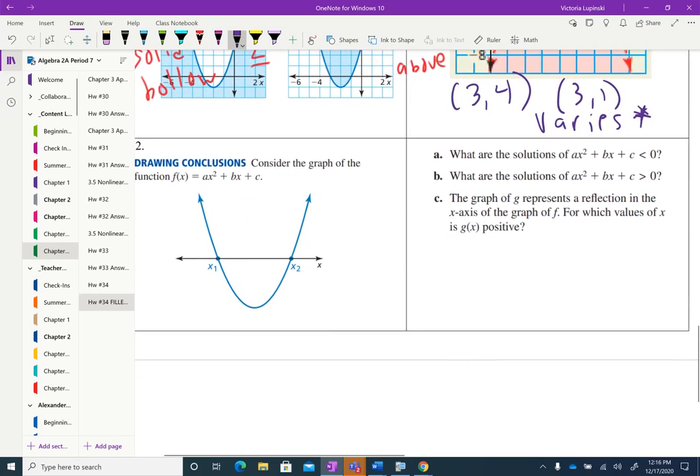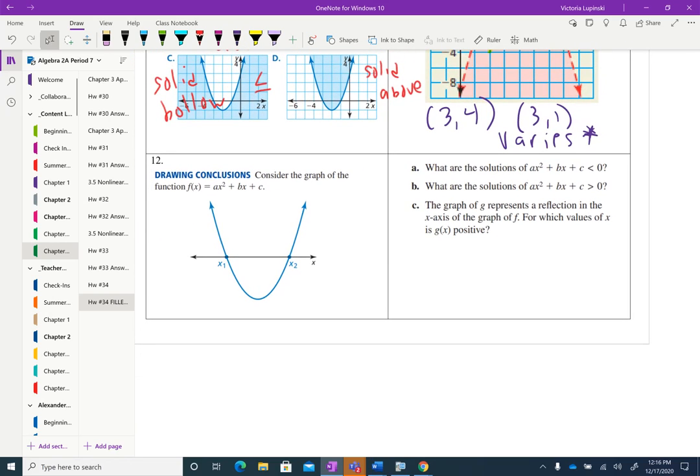So on the left, consider the graph ax squared plus bx plus c, so no numbers. And then notice you have two x-intercepts that are called x1 and x2. You don't know the numbers. So in question A, what are the solutions of the quadratic being less than 0? If you are going to answer this, you want to know where the graph is under the x-axis.